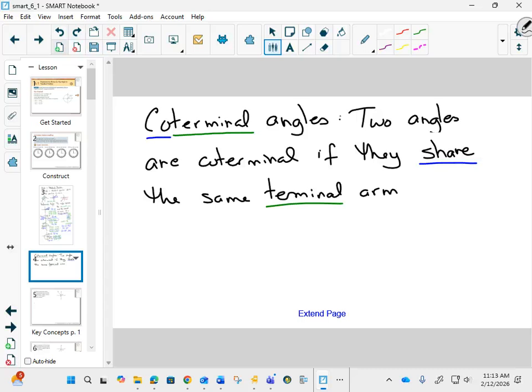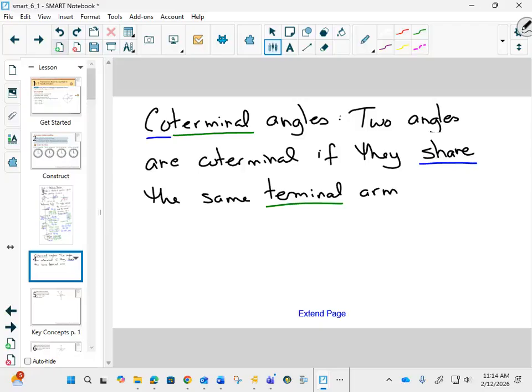There are a lot of English words that start with co, which kind of mean share things or a combination of things together, right? I play on a co-ed soccer team. There is cooperation, working together, something together. In this case, the thing that's together is the terminal arm.